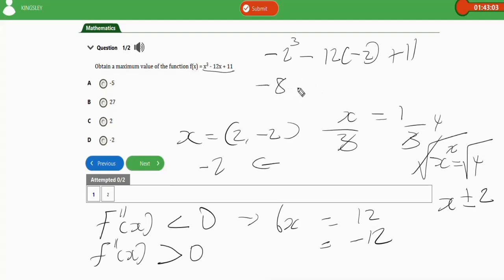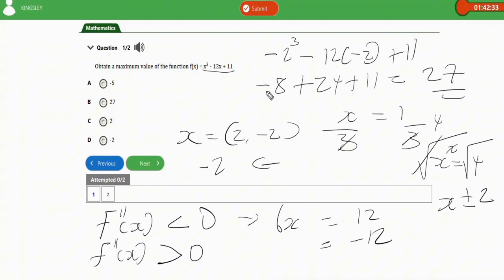Then we have minus times minus gives a plus, so we have -8 plus 24 plus 11. So when you punch this into the calculator, -8 plus 24 will give you 16. 16 plus 11 will give you 27. Alright, so that will be the final result for this question.